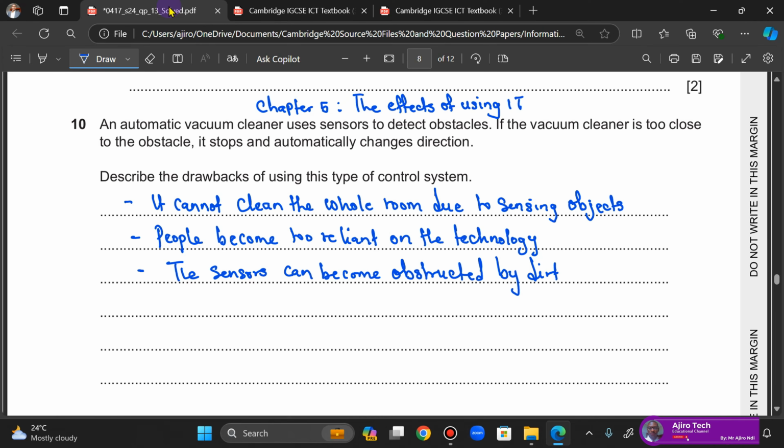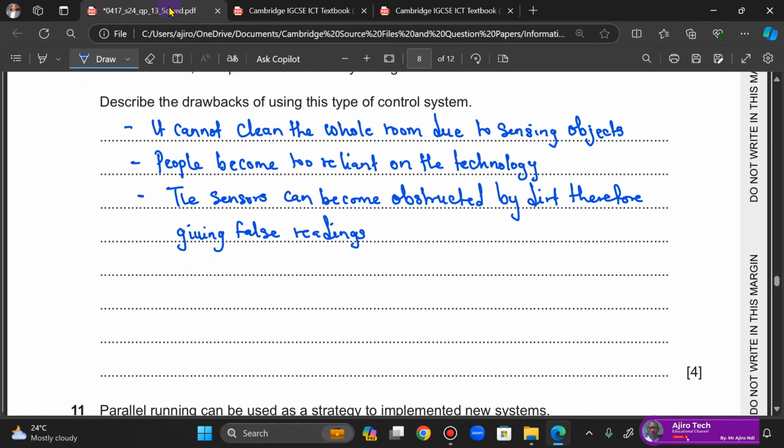So it might not actually be an obstacle, but because it's obstructed by dust, it will therefore give false readings. How many marks is this? 4 marks. Okay, let's look for one more that we can add.